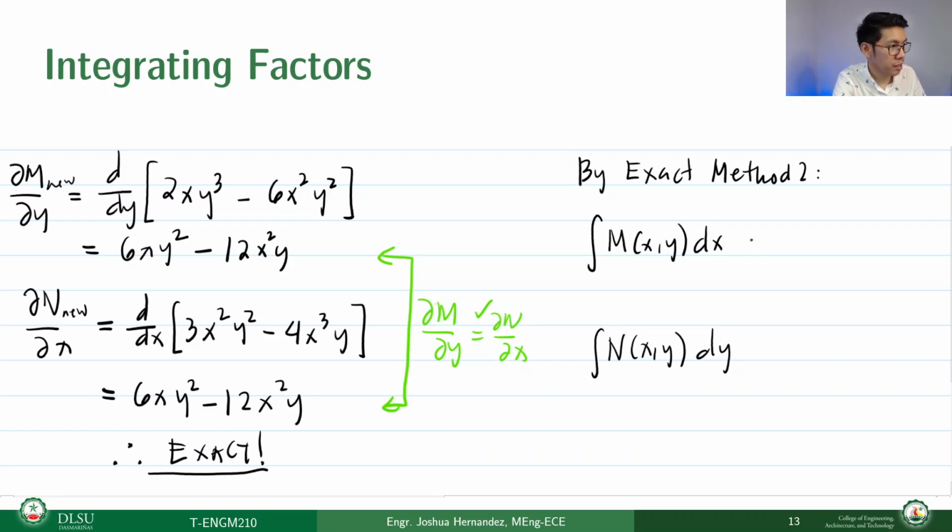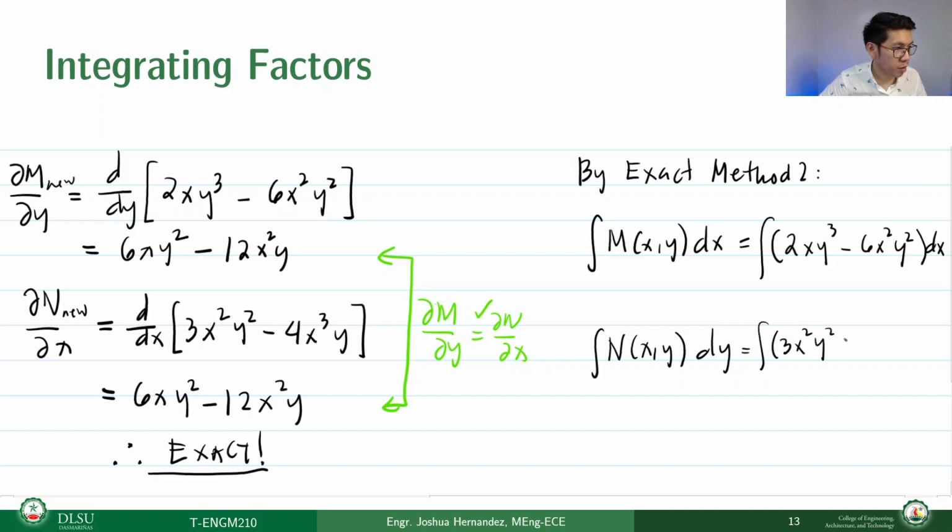So let's first integrate this. Integrating with respect to x, our new M is 2xy cubed minus 6x squared y squared dx. And our new N is 3x squared y squared minus 4x cubed y dy.